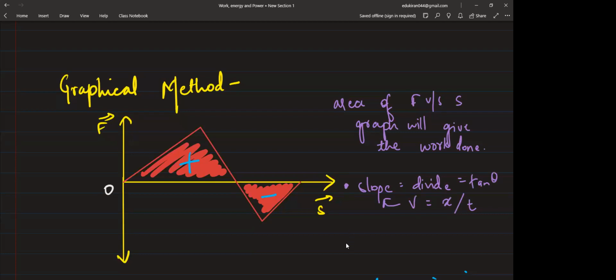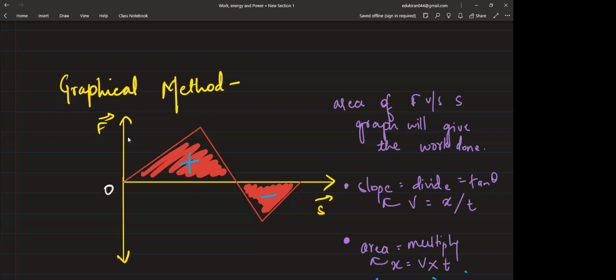Now, when we are talking about the area under the graph, basically the two quantities should be multiplying to each other. So quantities should multiply. Like for distance, if you're getting, it is velocity into time. So displacement will be given by area under the VT graph.